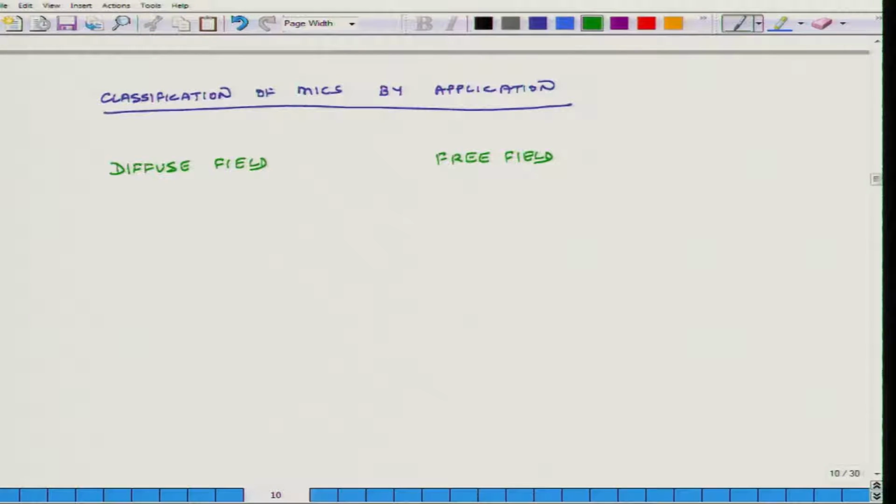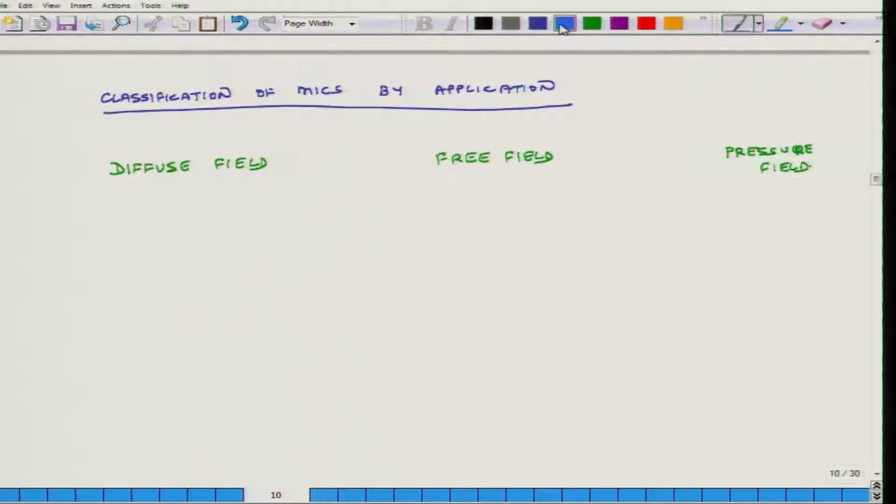And the third type of microphone is called pressure field microphone. So, these are 3 classifications of microphones based on application, and we should understand what these terms mean.